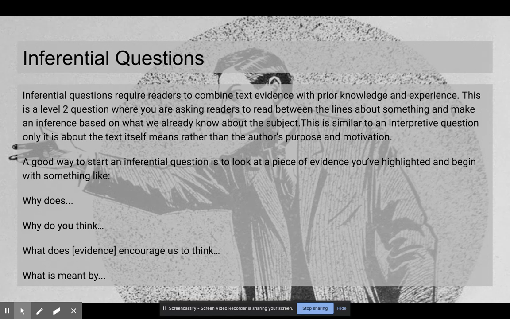You're not asking why the author used it, but what does that textual evidence mean? How can it be applied to a person? What's the between the lines point of this word or this phrase or this anecdote?